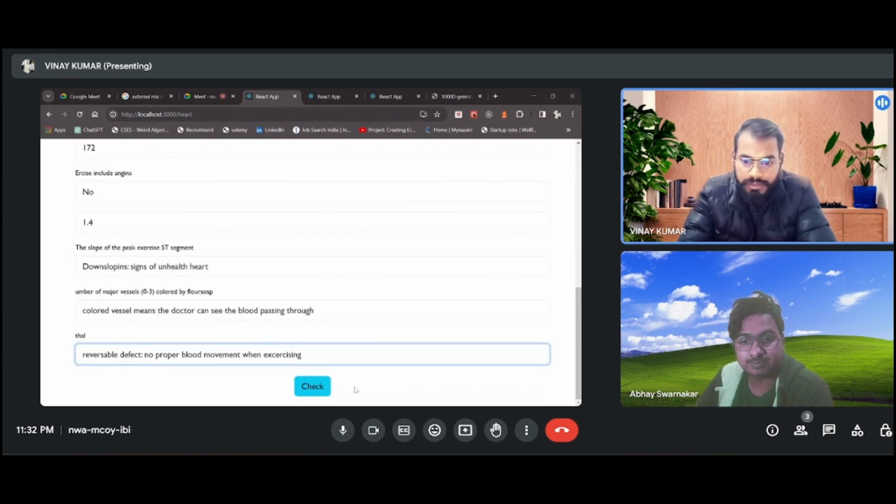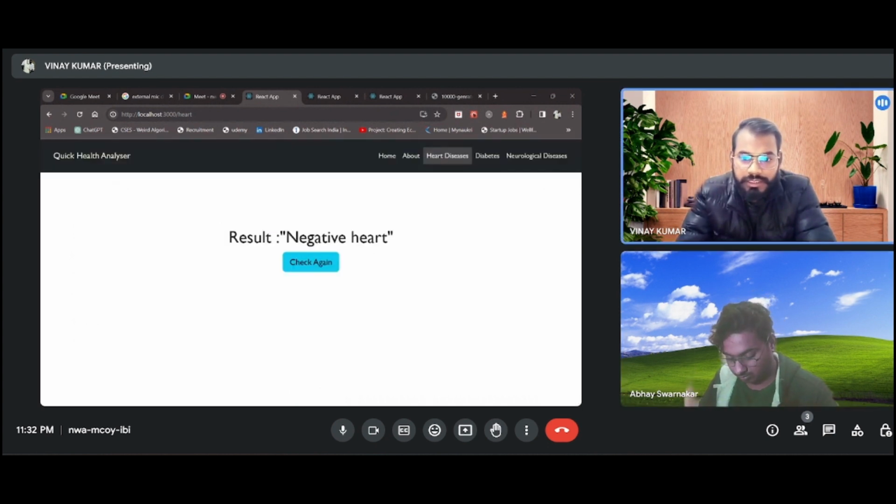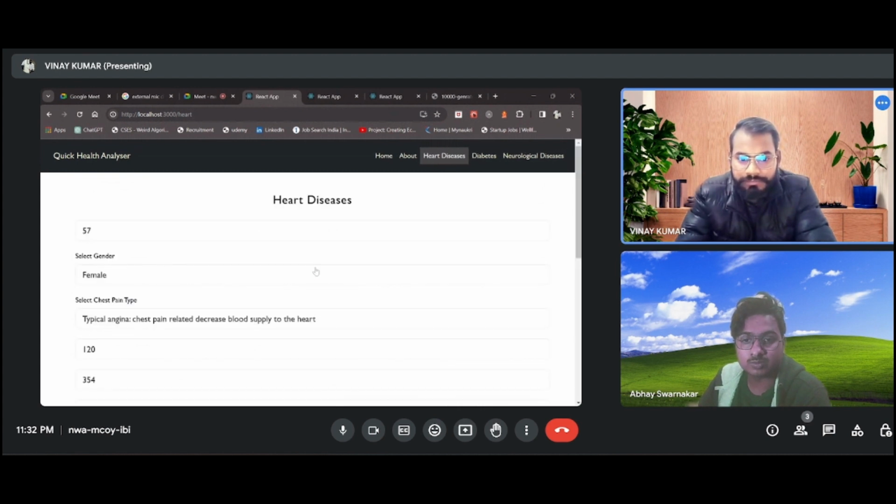By clicking check, you can check your disease. So click and check. The result is negative for heart disease. By clicking check again, you can check again.